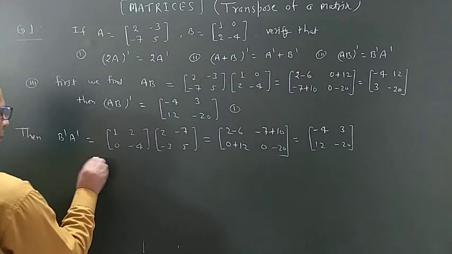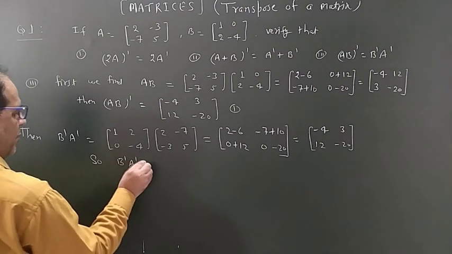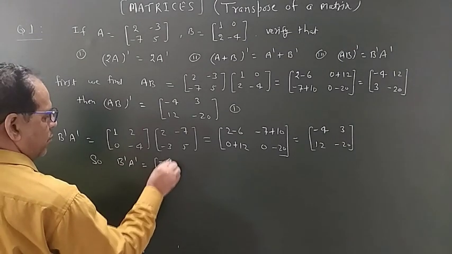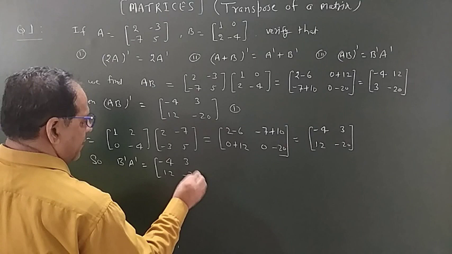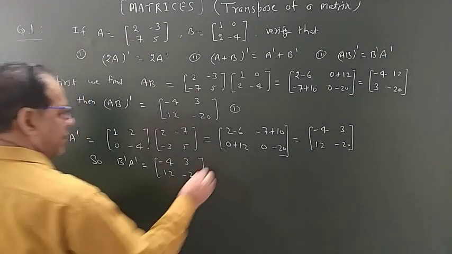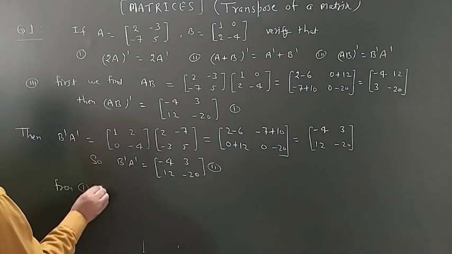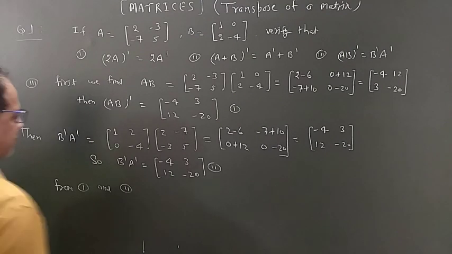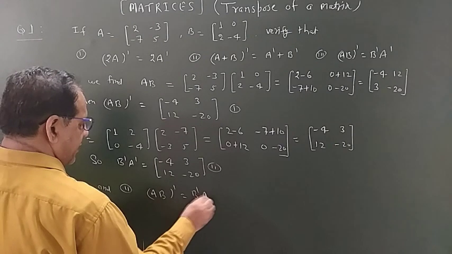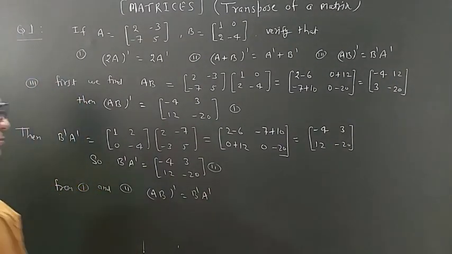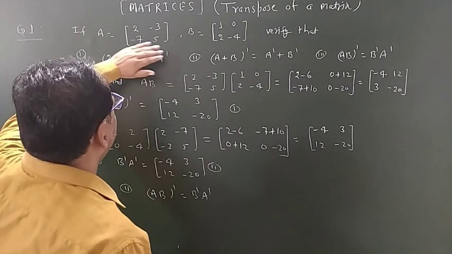So B dash A dash equals -4 3 12 -20. This is equation number two. From first and second, (AB) transpose equals B dash A dash. So this is the third part of this question, verified with the given matrices.